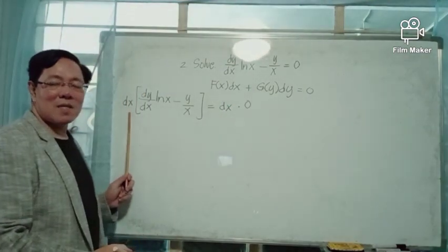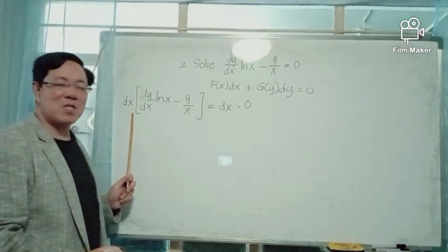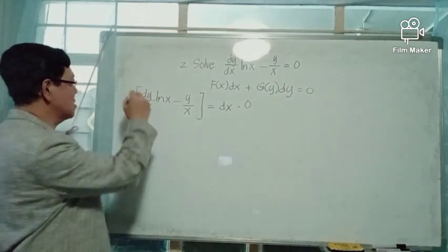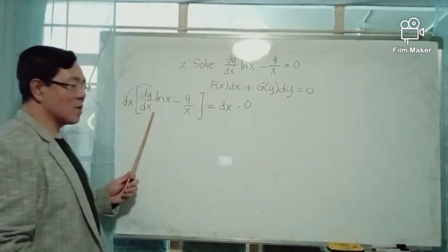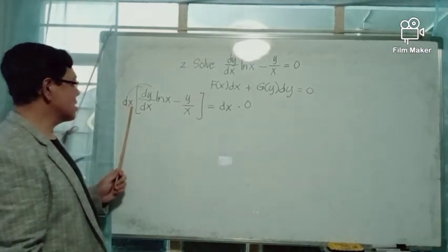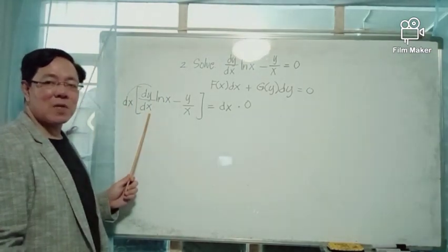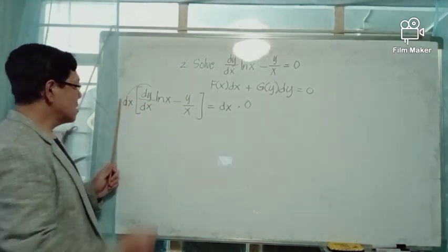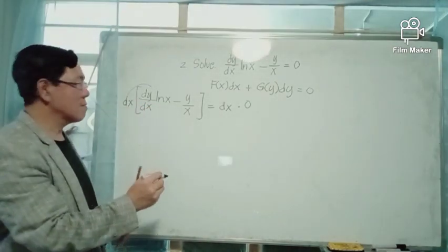We apply the distributive property of multiplication over subtraction here. That is, we multiply each term of the left-hand side by dx. If we multiply the first term dy/dx ln x by dx, dx will cancel out.